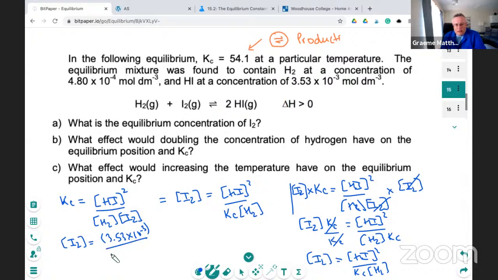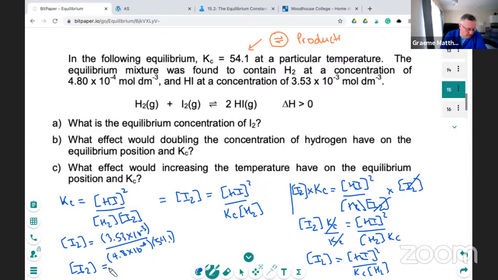And H2 was 4.8 times 10 to the minus 4. And let's say Kc was 54.1. So we put this into the calculator and let's get the first bit done. So I2 then is equal to, here we go.